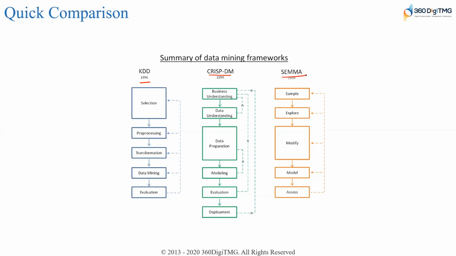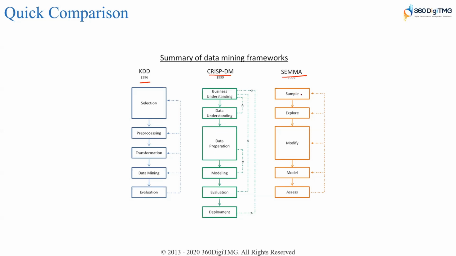CRISP-DM and SEMMA are more practical in terms of implementation in comparison to the KDD process. And if you want a lot of iteration, which is very important in the space of data mining, then CRISP-DM is more complete because it has a lot of that iterative flow. And then it covers all areas of building a reliable machine learning system.